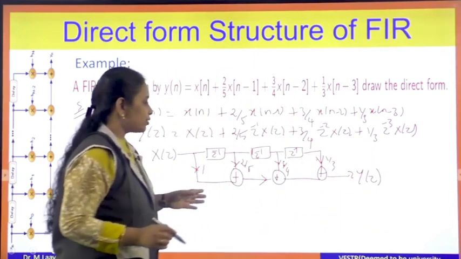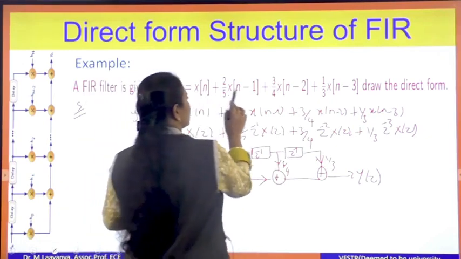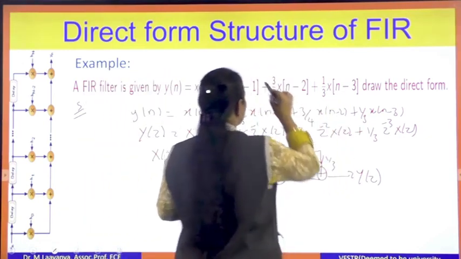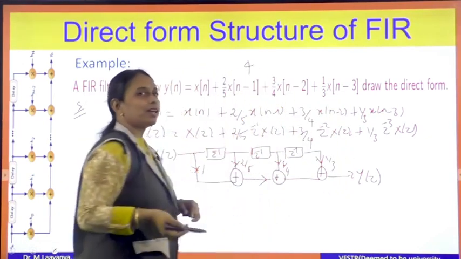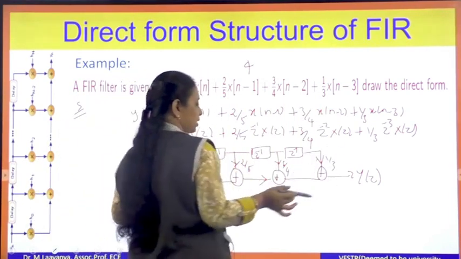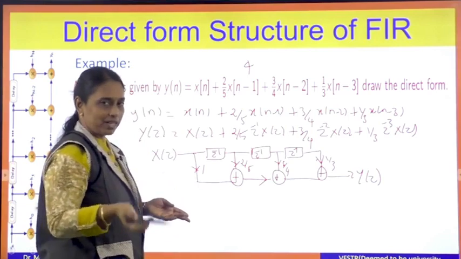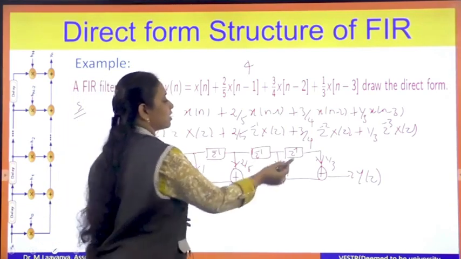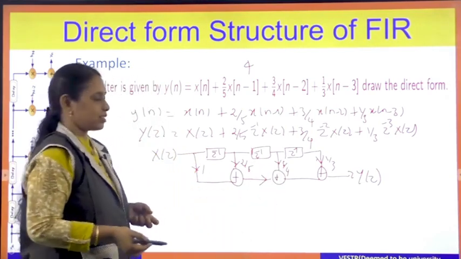That's it. And if you check here, how many terms are there? 1, 2, 3, 4. Only 4 terms are there. How many multipliers did we see? 4 multipliers. And how many adders? n minus 1 adders. So 3 adders and 3 delay elements.